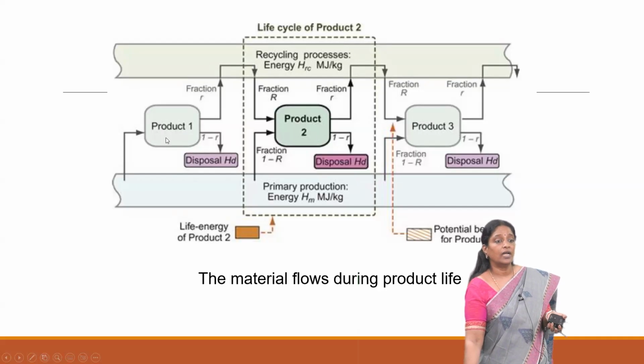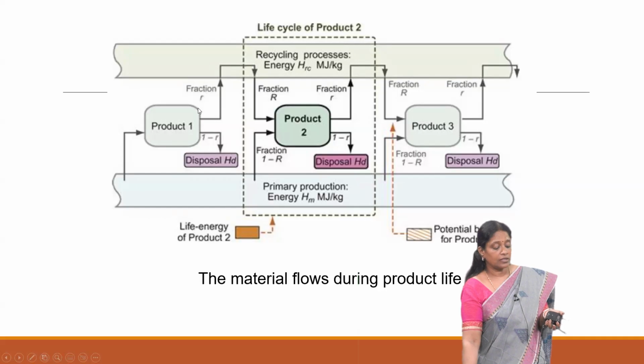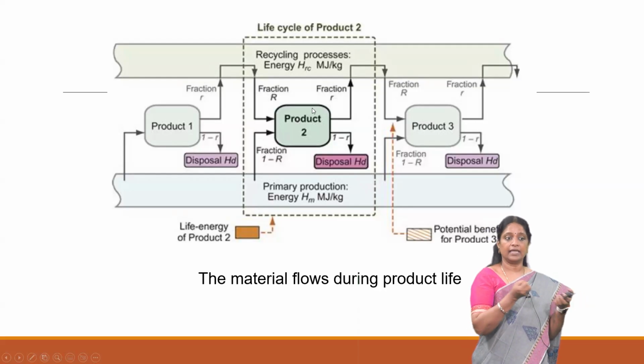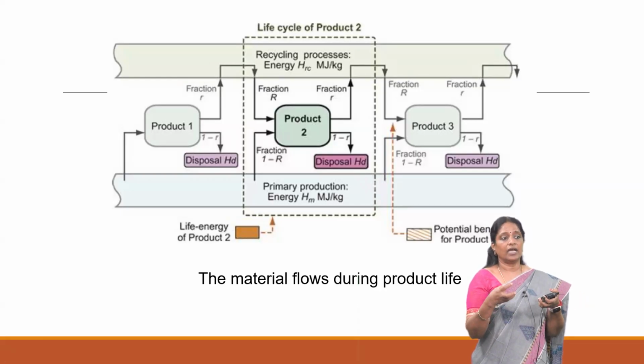Does the product 1 get the credit because they have taken the effort to send it for recycling and our percentage of material is recycled? Product 2 is taking recycled material, and it is also sending it for recycling.